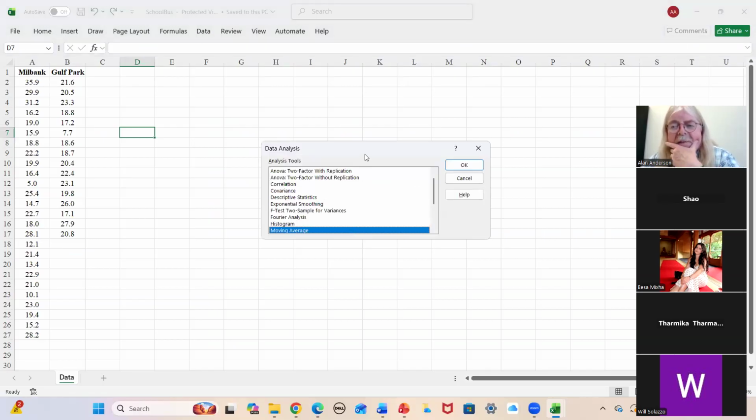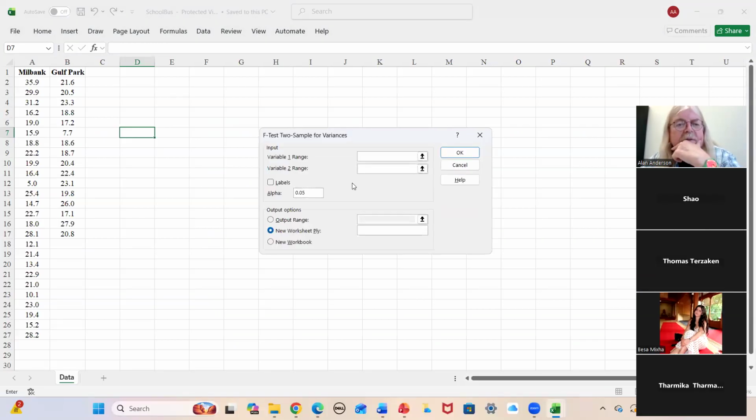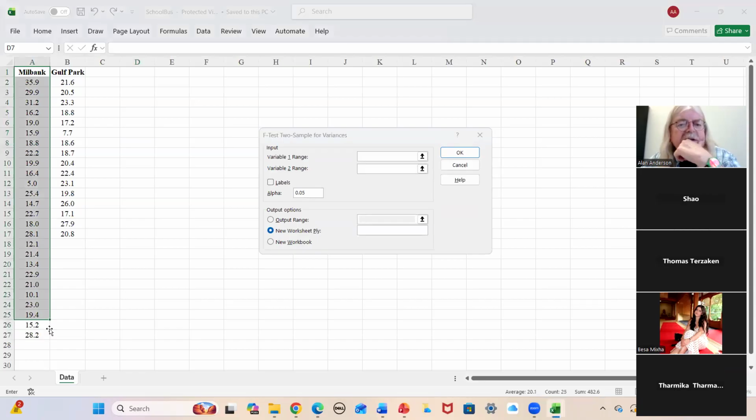And yours could be a little different if you've got a Mac. There's only one in here that refers to the F distribution, so you don't have to think about it. So variable one is here. Oh, what happened? Oh, that's strange. It's refusing to let me select it.